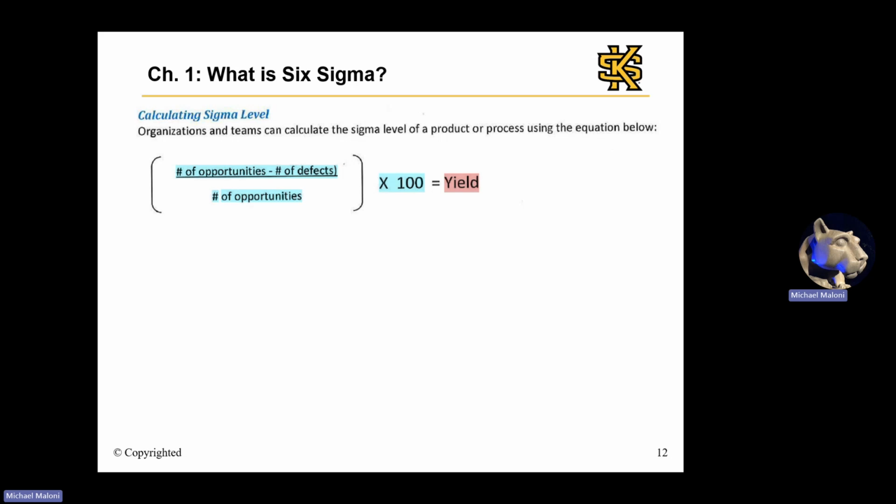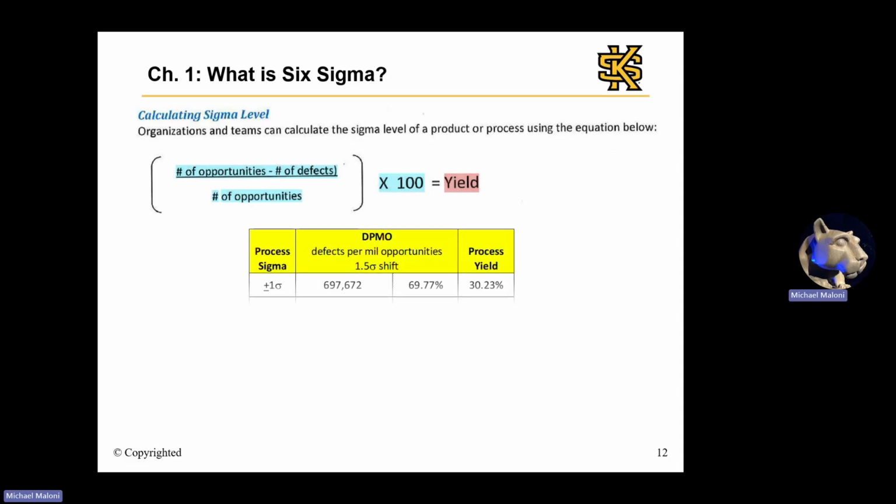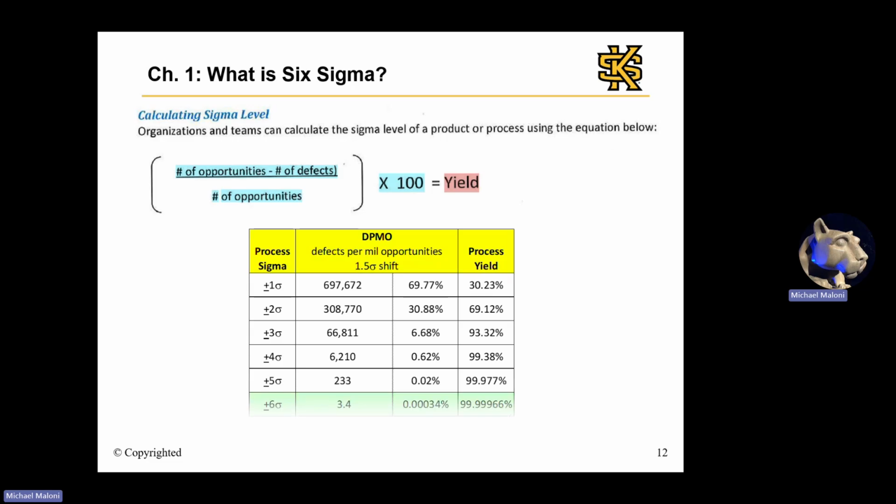And the calculation is the number of opportunities, basically how many times the process executes, minus the number of defective outputs, defects, divided by the number of opportunities. With the process yield, we can then use the DPMO table, defects per million opportunities, to derive the process sigma from that yield.